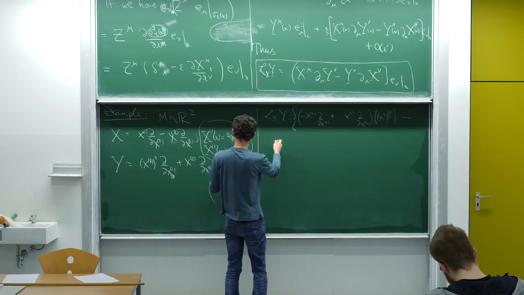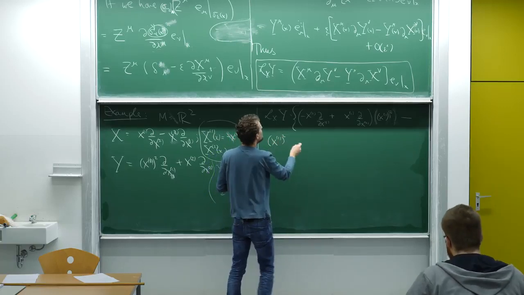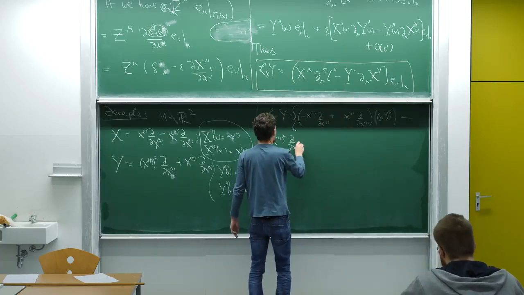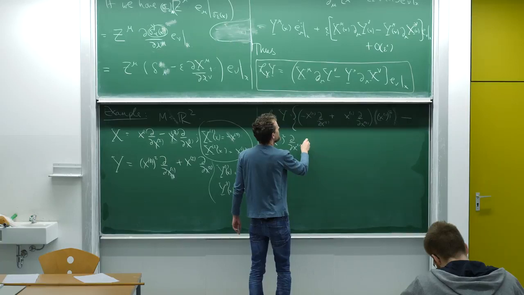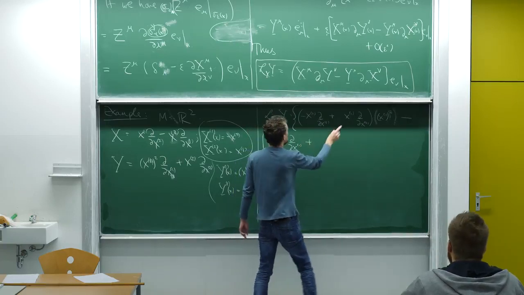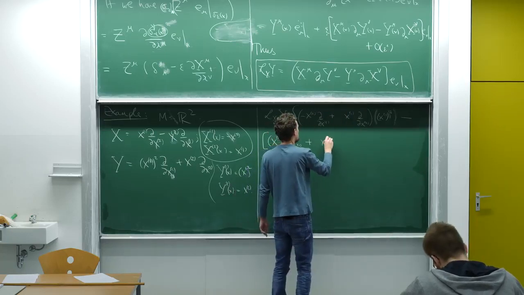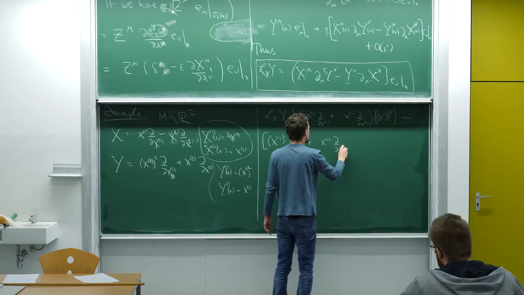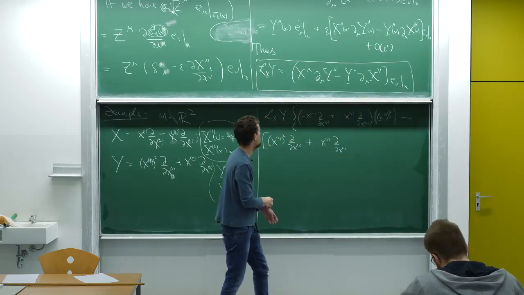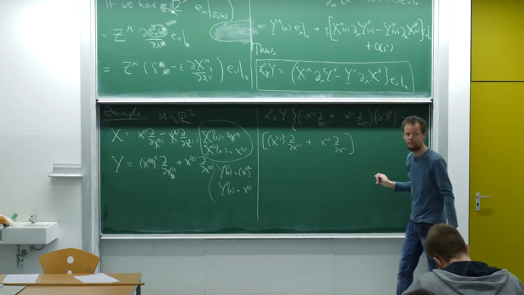So y1 is x1 squared, x1 squared ∂_1 plus y2, which is x2, ∂_2 applied to all to x1, if we're working out the coefficient of E1.